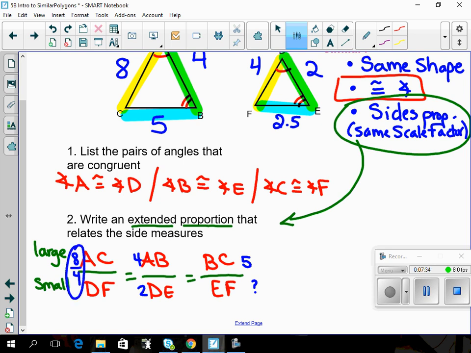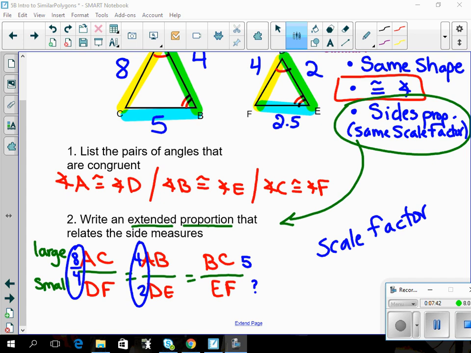These numbers, by the way, are the scale factor. So if I ever was asking you for the scale factor from the large to the small, what would you write? You're going to use exactly the numbers I have here, from large to small. You could say 8 to 4.